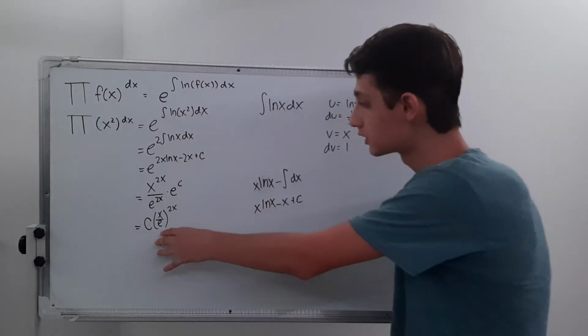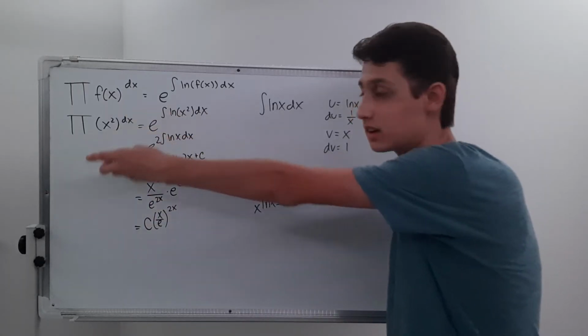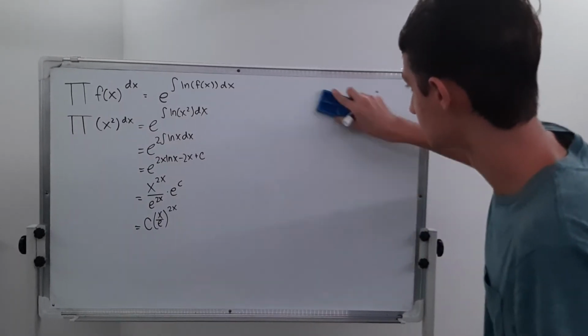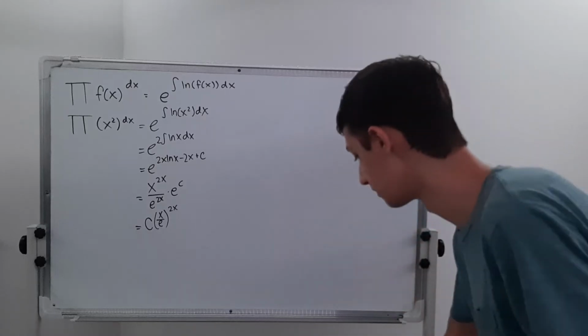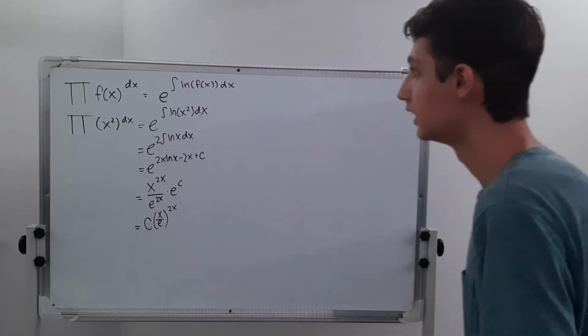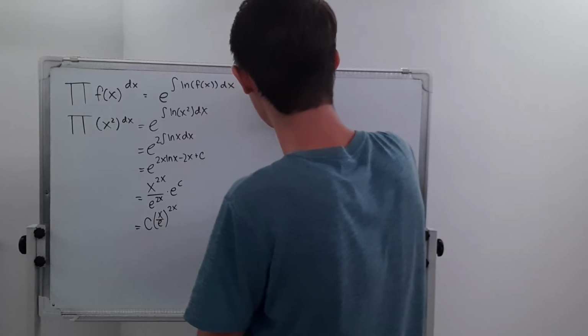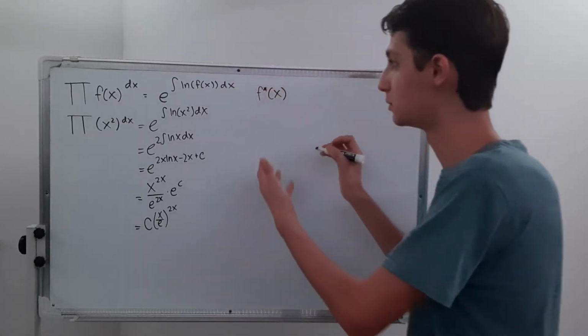So now let's try to go from here back to here. What we're going to do is generate a function to get our derivative back. So what we want is some function, we'll call it f star of x, as our geometric derivative.